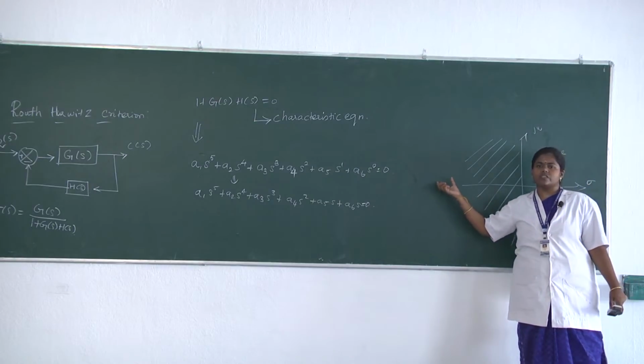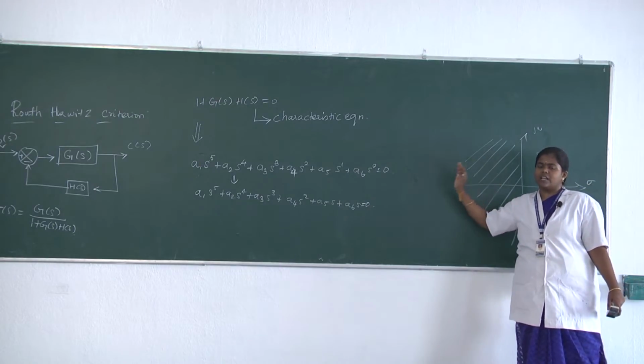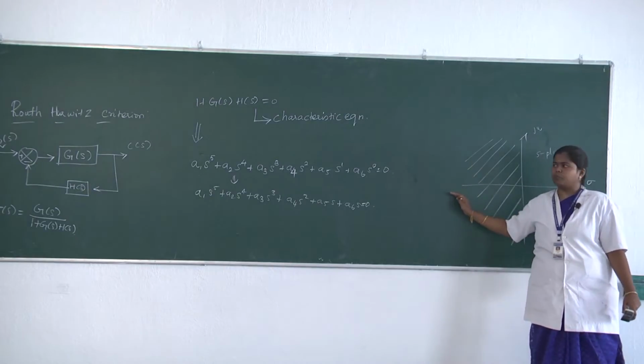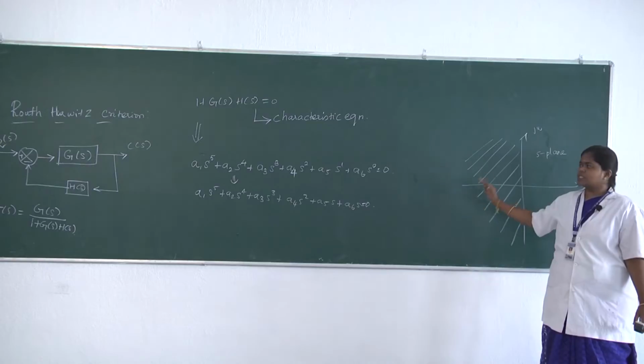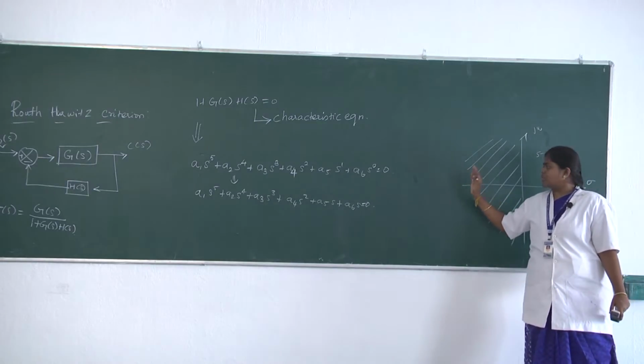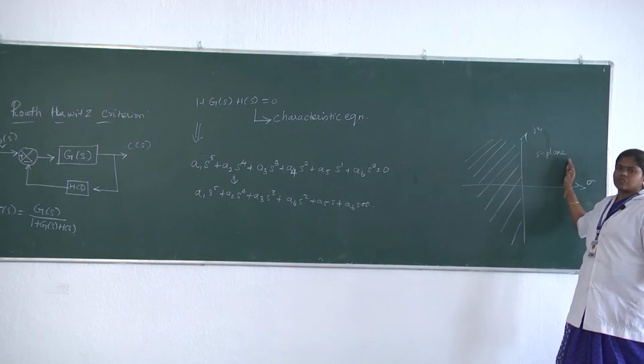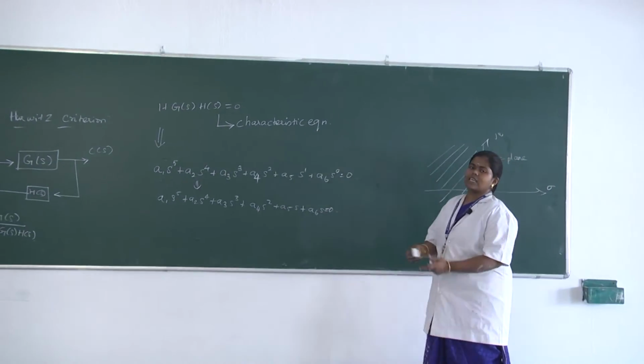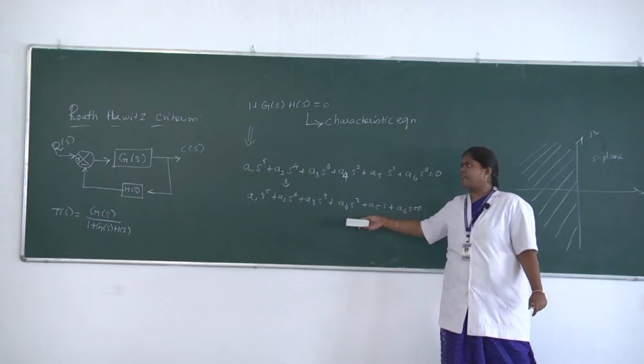Whenever the roots of this characteristic equation lie on the right half, the system is unstable. Let us see how to form the Routh array for this system.